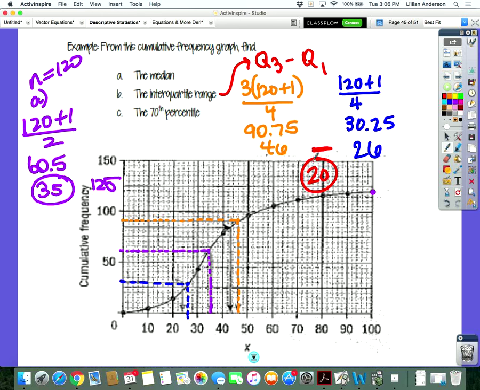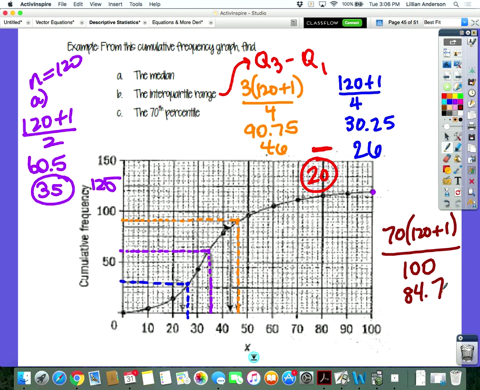Last one, it says the 70th percentile. Find the 70th percentile. That's the formula P times (n plus 1) divided by 100. N is 120 still. What number is that? 70 times 121 divided by 100 is 84.7.